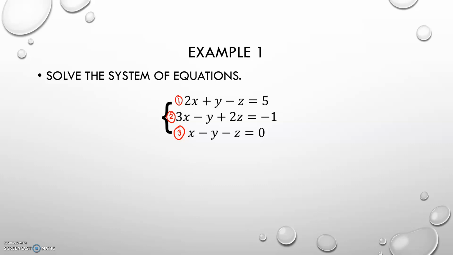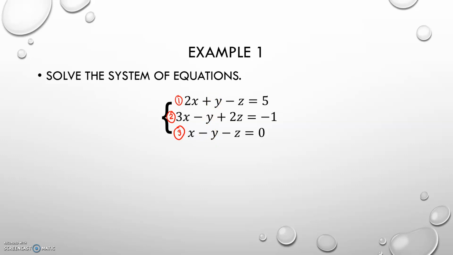What matters is, to me, taking the least amount of steps because I'm a lazy mathematician. So, to me, it looks like the y's are going to be the easiest. I can combine 1 and 2 and eliminate the y's immediately without having to change anything. And then I could also combine 1 and 3 and eliminate the y's immediately again without having to change anything.